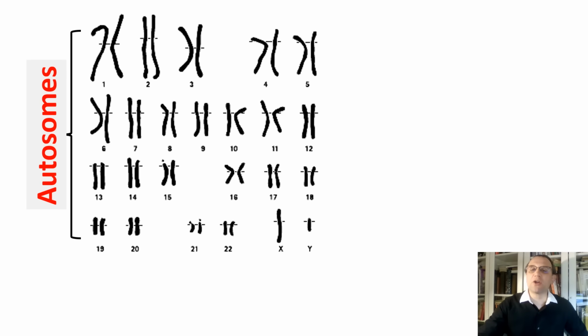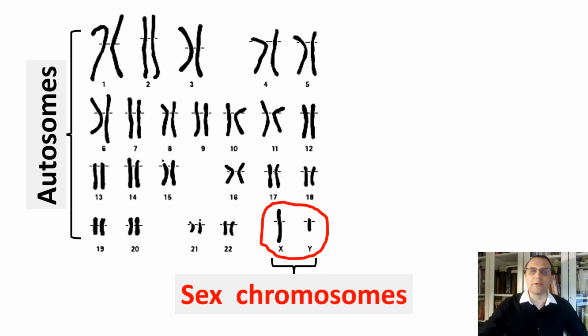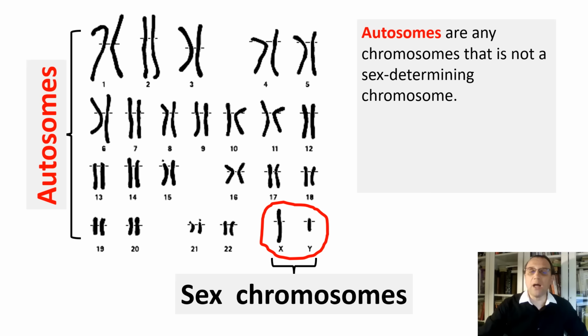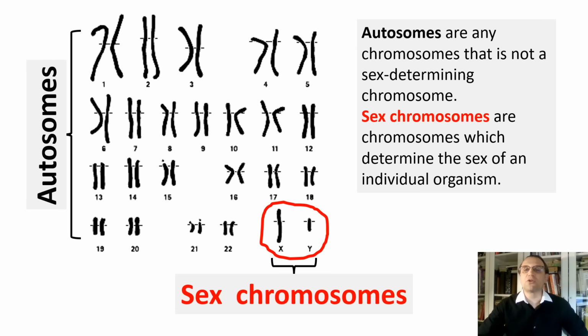When we examine chromosomes, we differentiate between autosomes and sex chromosomes. Autosomes are any chromosomes that are not sex-determining chromosomes. You can see 22 pairs of them on this slide. This is a karyotype of a human. Sex chromosomes are chromosomes which determine the sex of an individual organism, whether it is a male or a female.